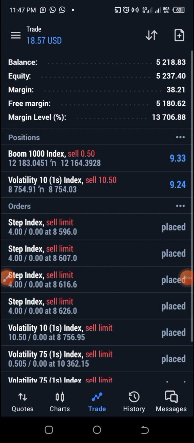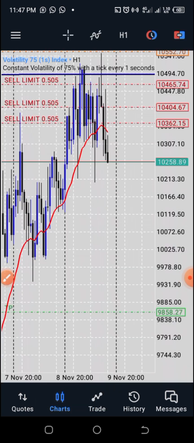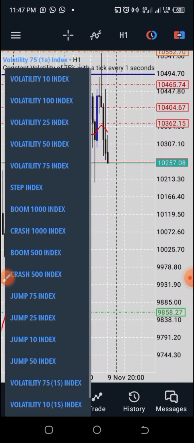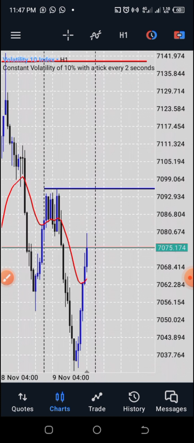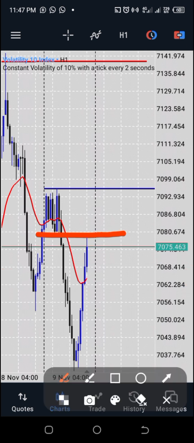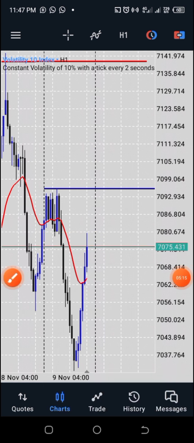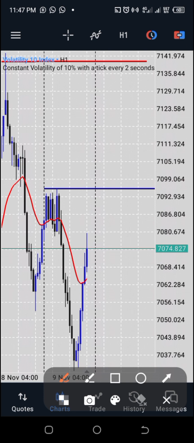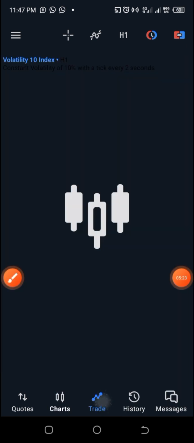Done. Okay, so let me show you another one. Assuming I want to buy, let me look at buying the market. Okay, let me just buy this one, although it is facing some resistance around here, but let me just buy it for illustration purposes by instant market execution. So what I do, I'll go back to trade, right?